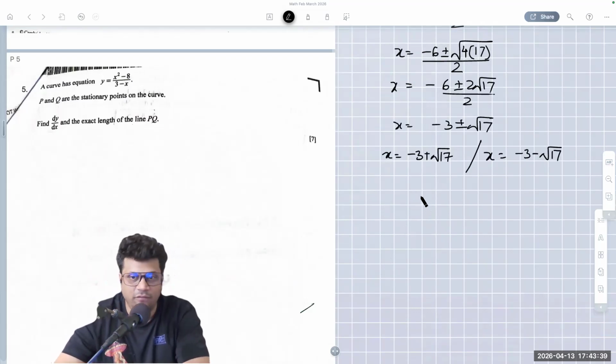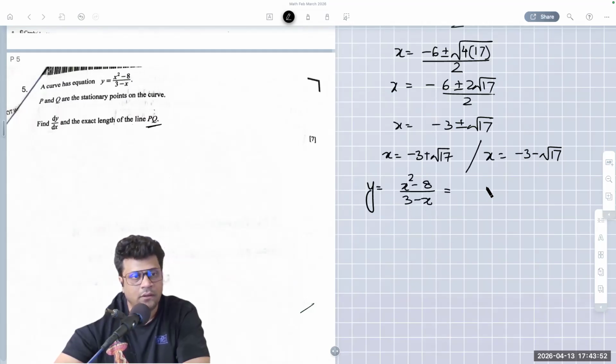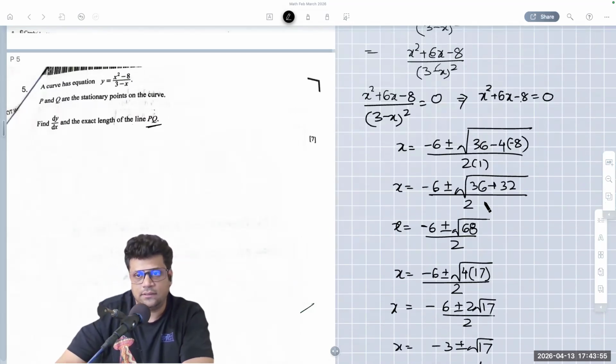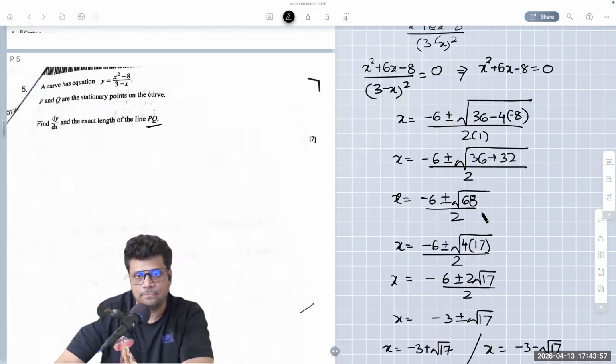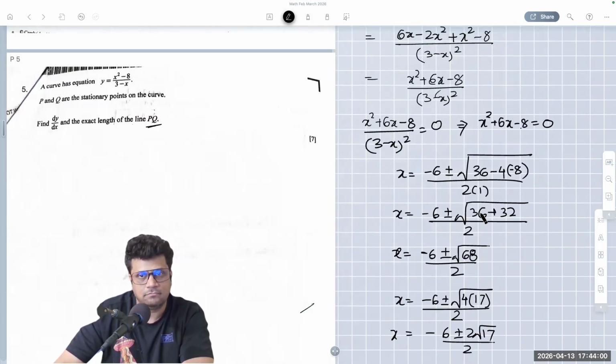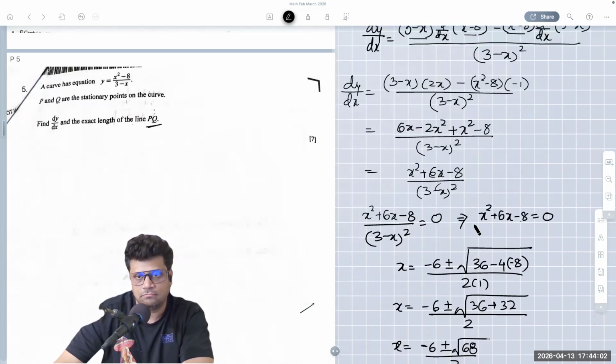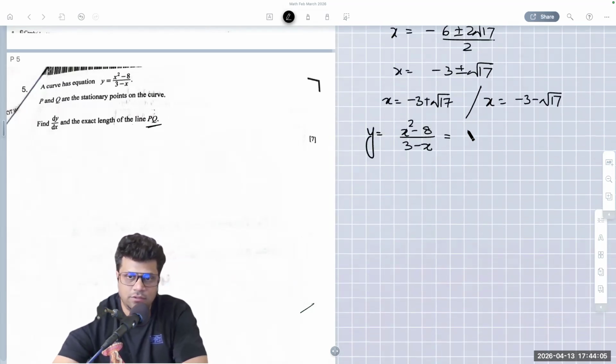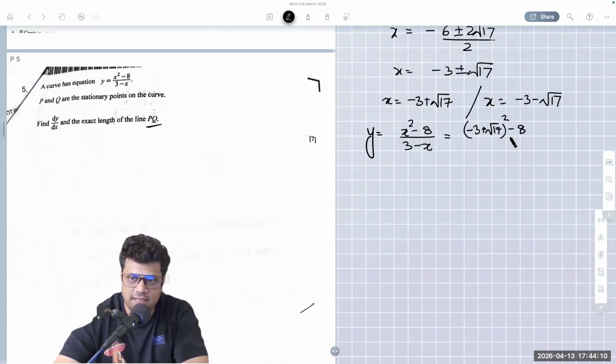We're going to have to find the y corresponding to these two x values to find out the exact length of PQ. So we have the equation here, x square minus 8 divided by 3 minus x. So let's see. Minus 3 plus root 17 squared minus 8, divided by 3 minus (minus 3 plus root 17).